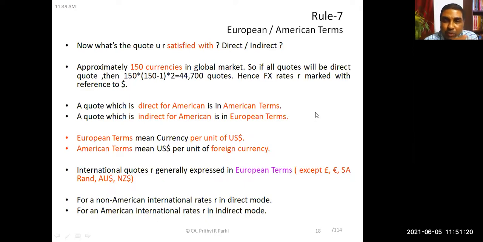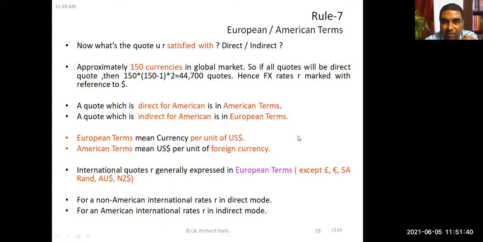And what is European quote? What is indirect for an American, for example rupee by dollar, yen by dollar, pound by dollar. These are indirect for an American. Therefore, it is called European terms. As you know, rupee by dollar, you are very comfortable with that.